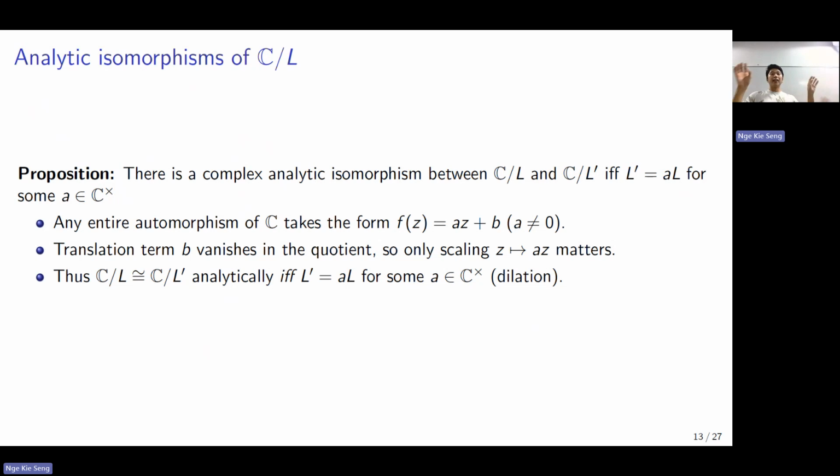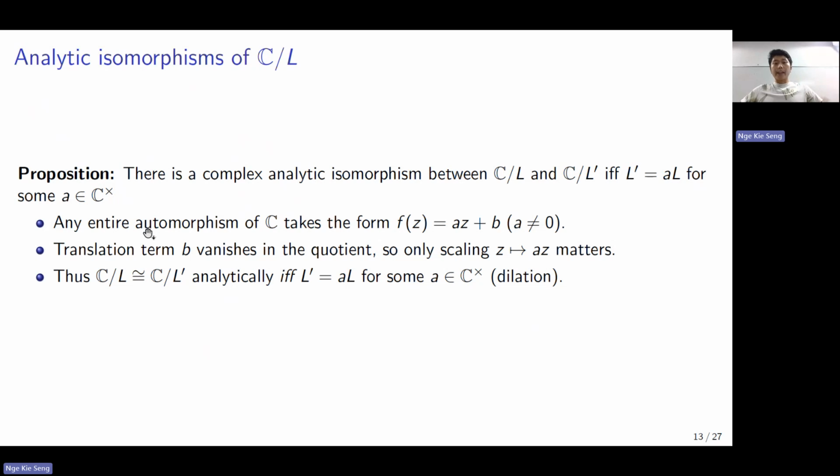That's the same definition. There is a complex analytic isomorphism between the two if and only if the lattices have a relation: one of the lattices is actually equal to the other lattice multiplied by a complex number. Why is it so? I won't prove it here, but I will just say the reason.